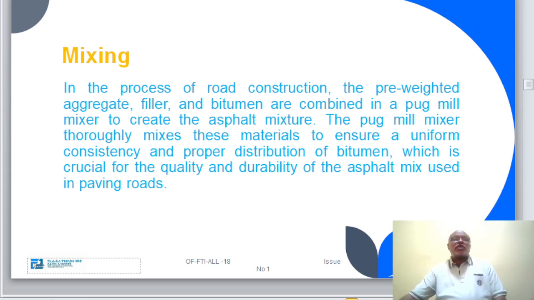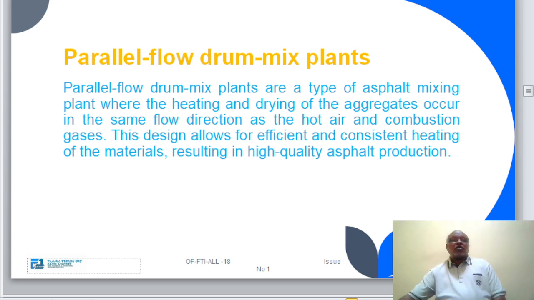Parallel flow drum mixer. As we have said, this is the second type of mixing plant. The parallel flow drum mixer plant uses a drum mixer in which the burner discharges superheated air parallel to the direction of aggregate flow.